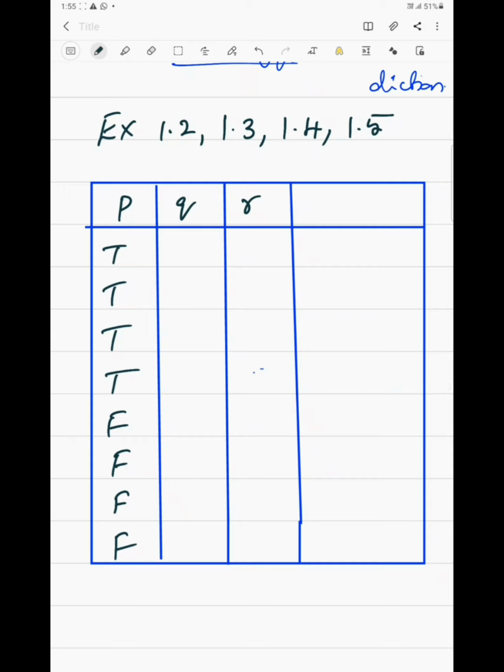Then write Q truth values: 2 T's, 2 F's, 2 T's, 2 F's.